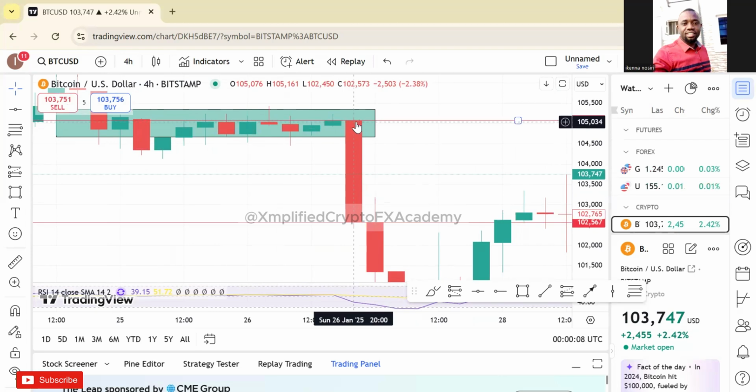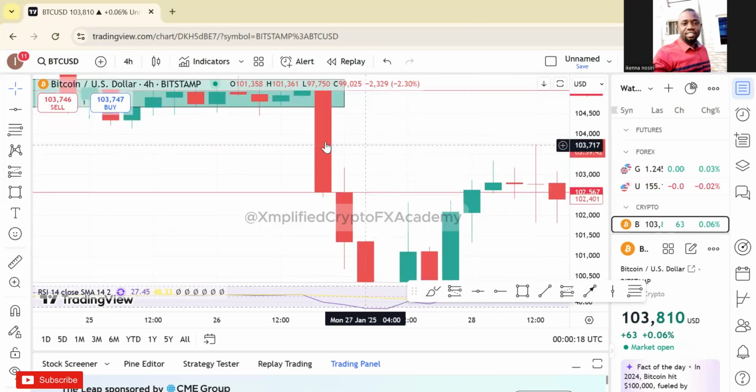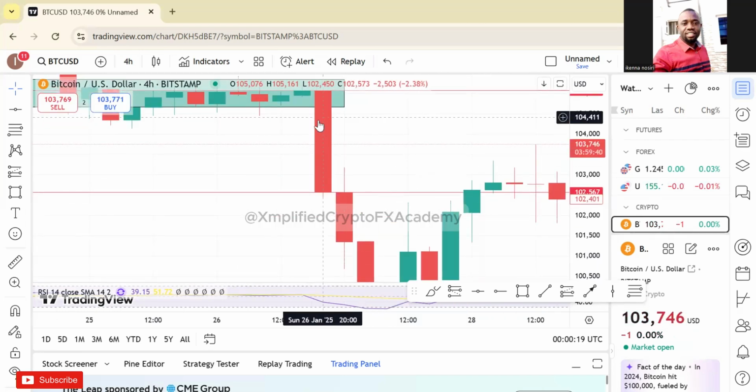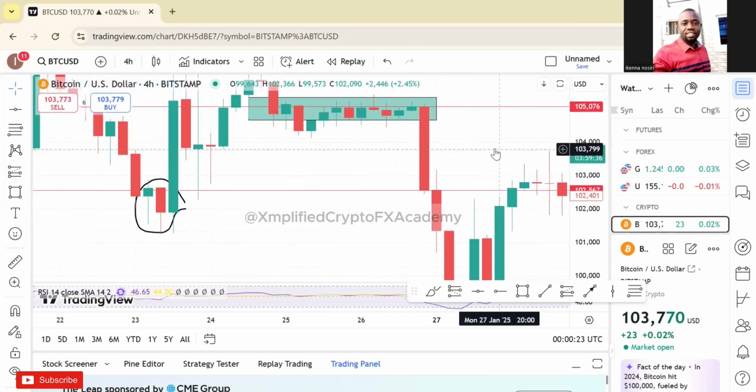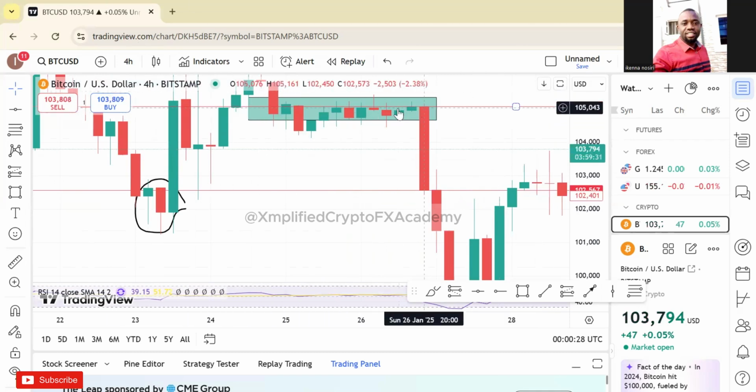The people wanted to buy and trade it up, but no, sellers were in panic. Holders were in panic, so they started selling it off. So this is a strong bearish candle. It's a sign of don't stay in the market, because that was a breakout. The market stayed here. Anytime you see consolidation, you don't trade within this range.